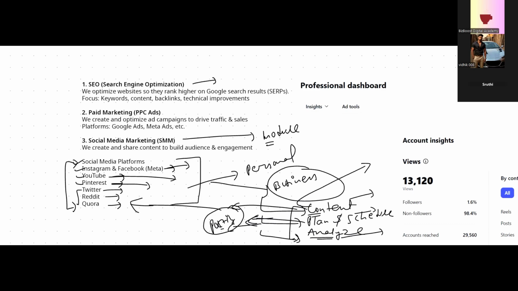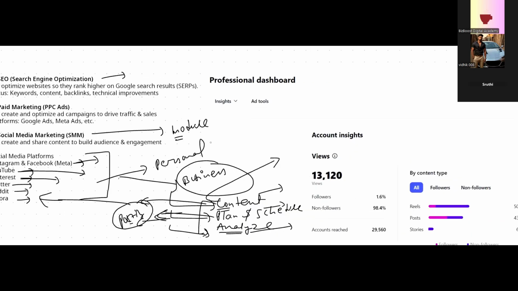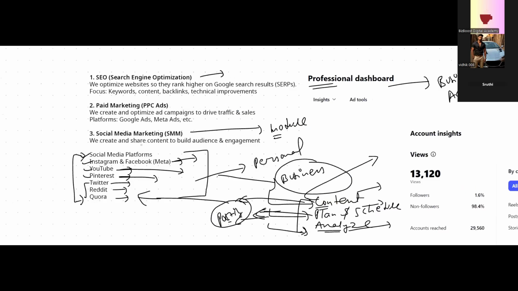So one more thing, whenever you handle any business account for a business, or you work as a freelancer, then you would come across this professional dashboard. And this professional dashboard, you can find it in every platform.